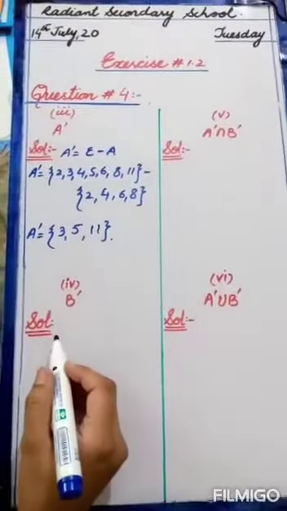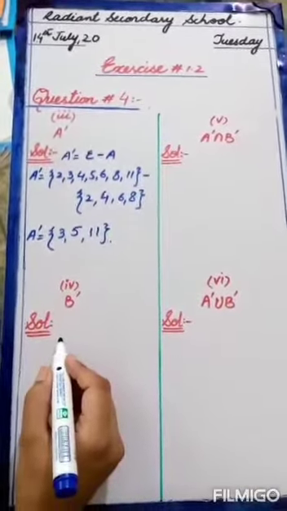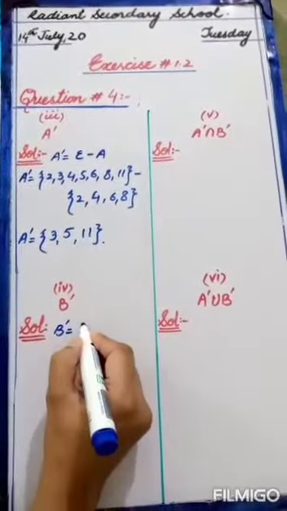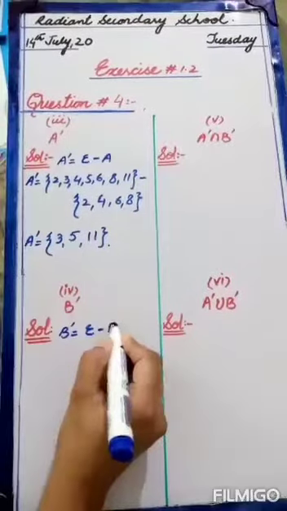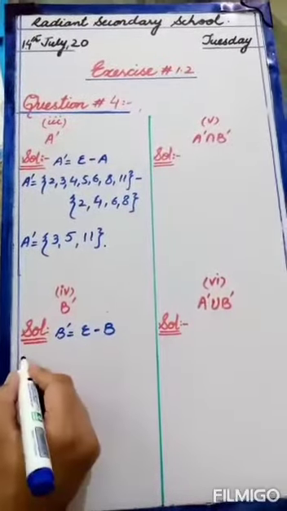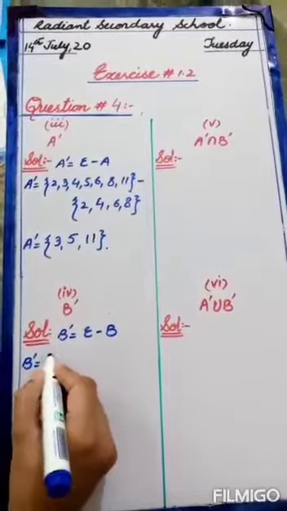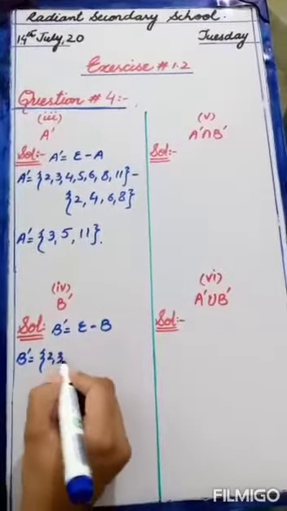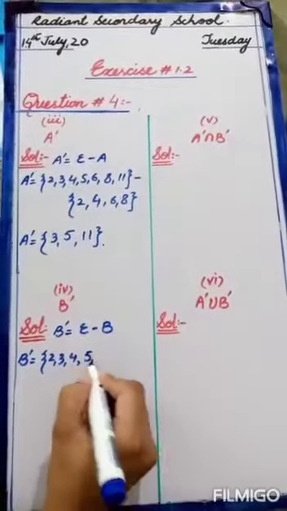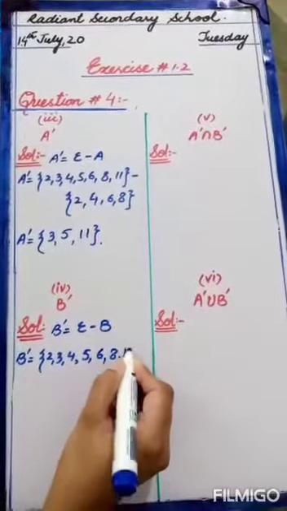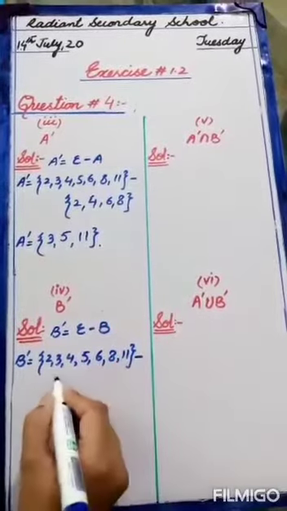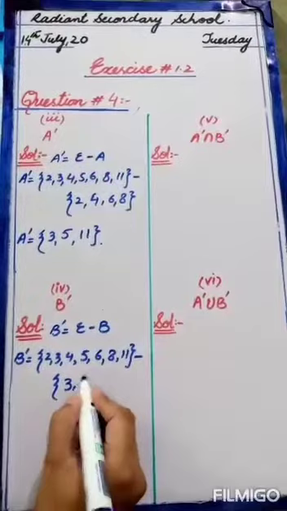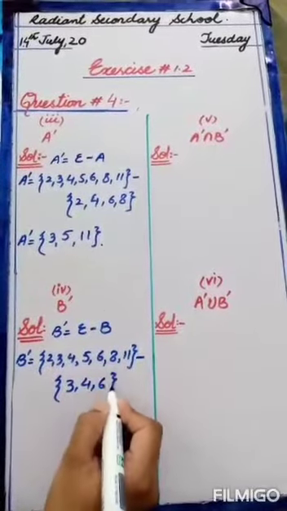Now part number 4, we have to find the B complement. So what will be B complement? B complement will be universal set minus B. Now B complement is equal to, first of all we will write the universal set 2, 3, 4, 5, 6, 8 and 11. Difference set B. In set B what are the elements? 3, 4 and 6.